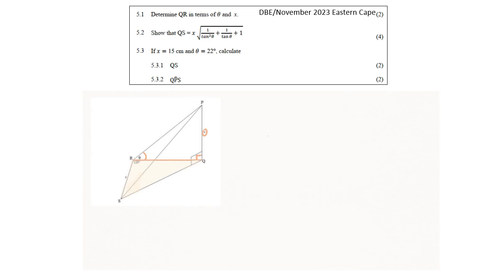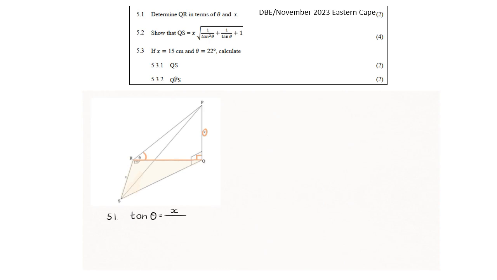And since it's a right angle triangle, we can make use of either sine, cosine, or tan. And if we work from theta, x is the opposite side, and QR that we want to determine is the adjacent side. So that means we can write that tan of theta is equal to x over QR.